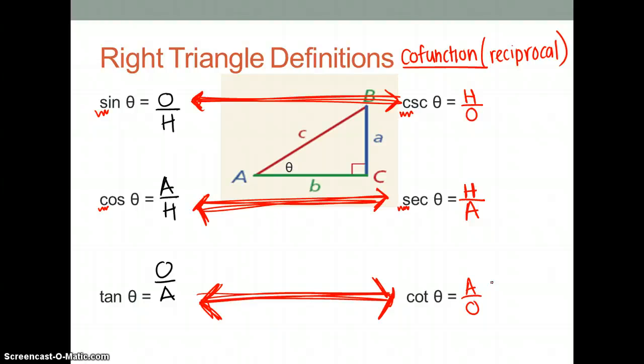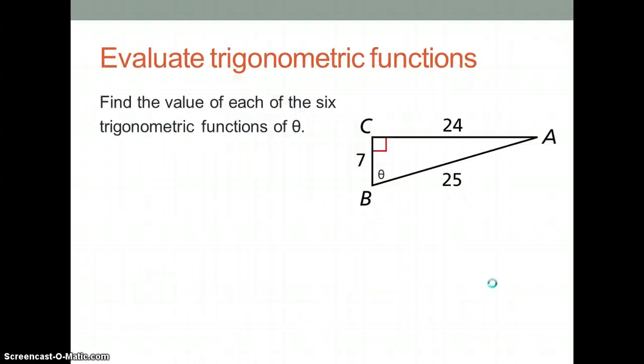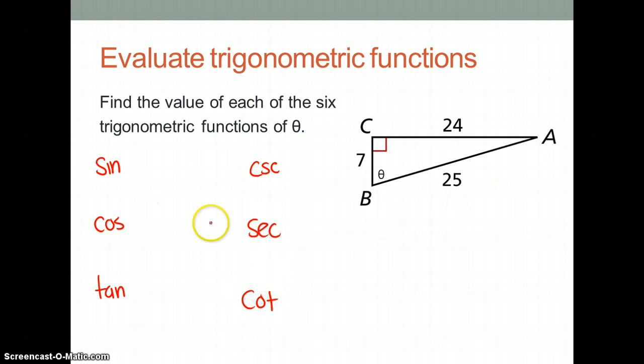So if we want to actually utilize these in a problem, evaluating the trig functions with some numbers, we want to evaluate the 6 functions: sine, cosine, tangent, cosecant, secant, and cotangent.